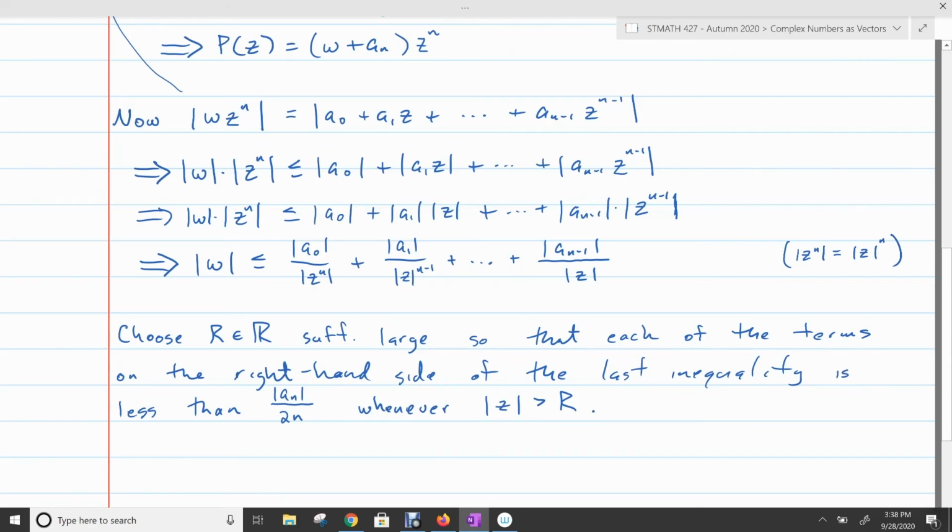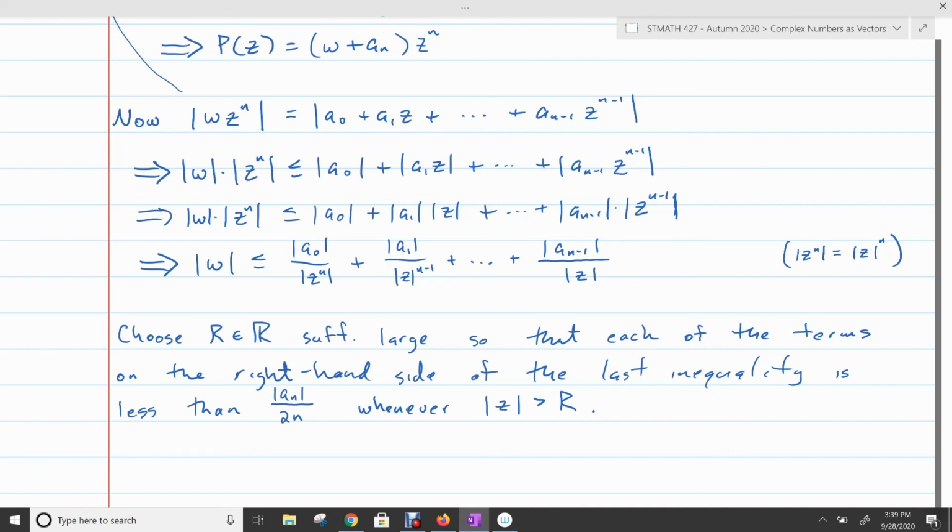Why? Well, in that inequality on the right-hand side, you've got n minus 1 terms there. So you're dividing by z, right? So as you make the modulus of z bigger and bigger and bigger, all those terms are going to 0. So if I pick z with a really big modulus, all of those terms are going to be really close to 0.